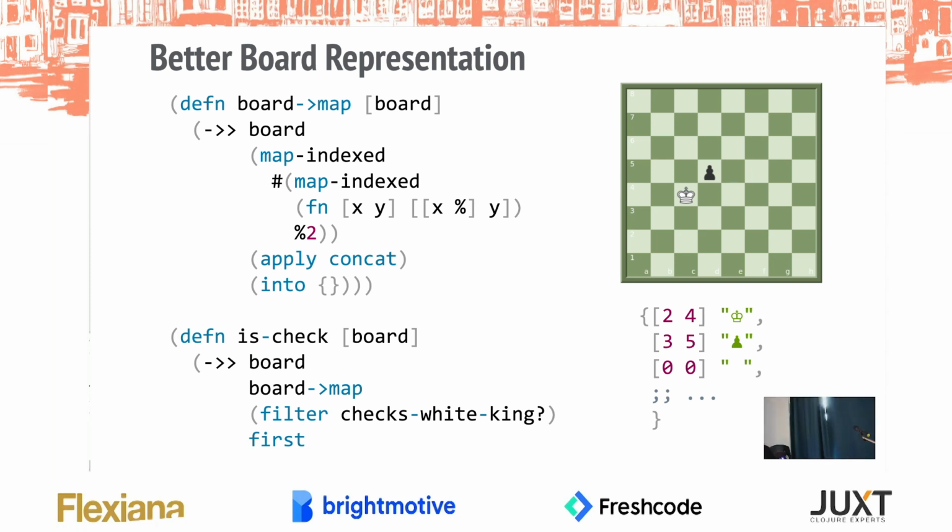I want to do it because it's easier to iterate over the fields, and it also means I don't have to worry about array index out of bounds exceptions or something like this. So I've written this board-to-map function, which basically does map-indexed over the board twice and returns the result.